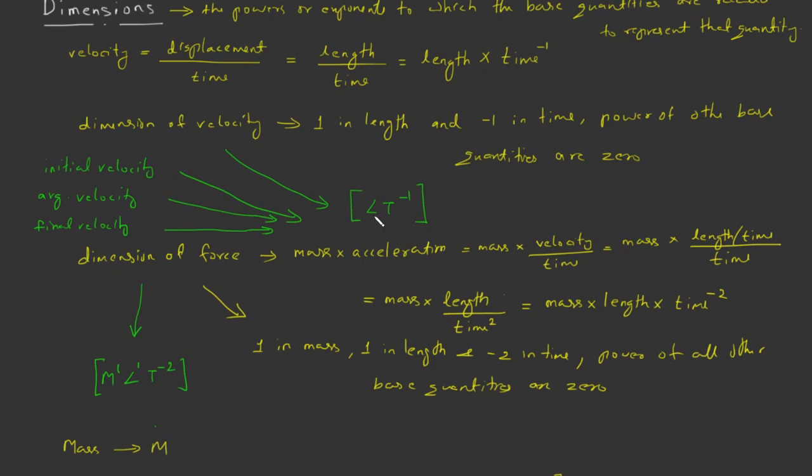That is, if we represent L T raised to minus 1 like this, it is the dimensional formula of velocity, and this is the dimensional formula of force.